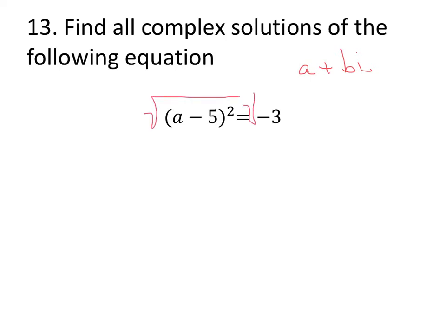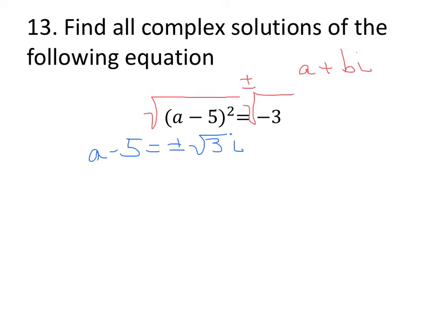And we see that we're taking the square root, and this is going to be plus or minus. We're taking the square root of a negative number. So on the left we have a minus 5 equals plus or minus the square root of 3, and then the square root of the negative sign becomes i.